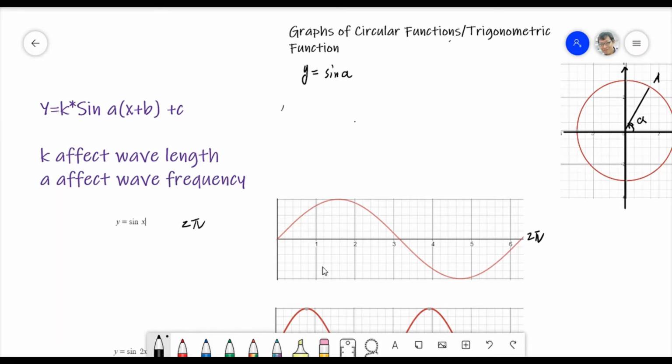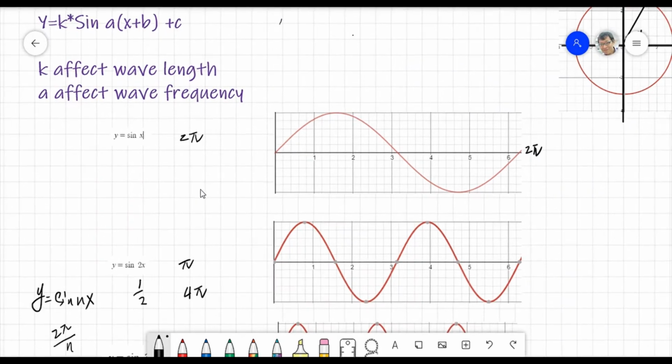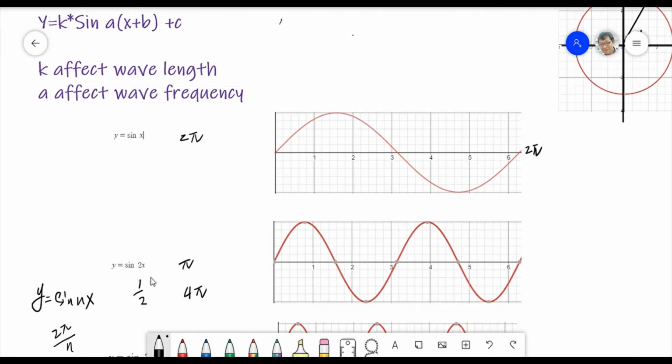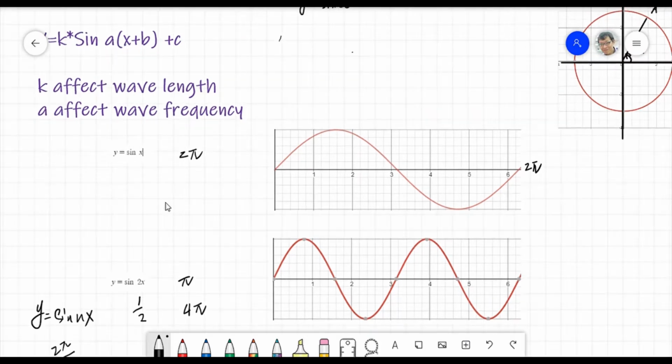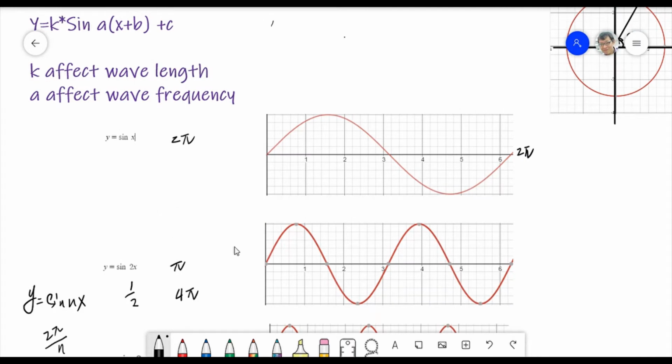All right. So I try the first example: y equals 2 sine 2x. Sine 2x we can treat like ax here, right? Let's observe what happens.